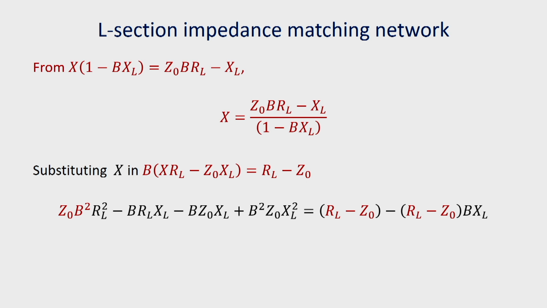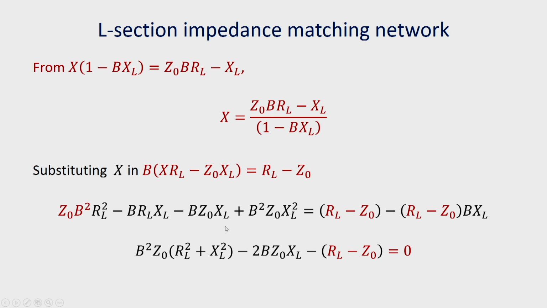Now, in this equation we can reorganize the terms. For example, this B square Z naught term can be taken out from this term and here.